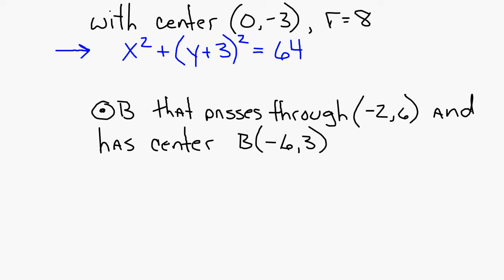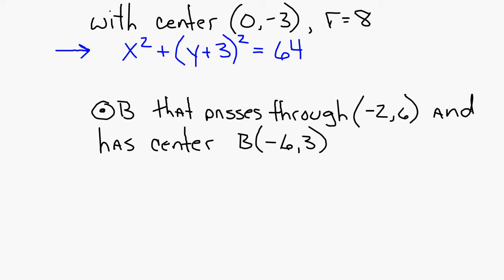So in this example, what are you missing? The radius. You're missing the radius, aren't you? So you need to find out how far it is from the center to the edge of the circle, right?